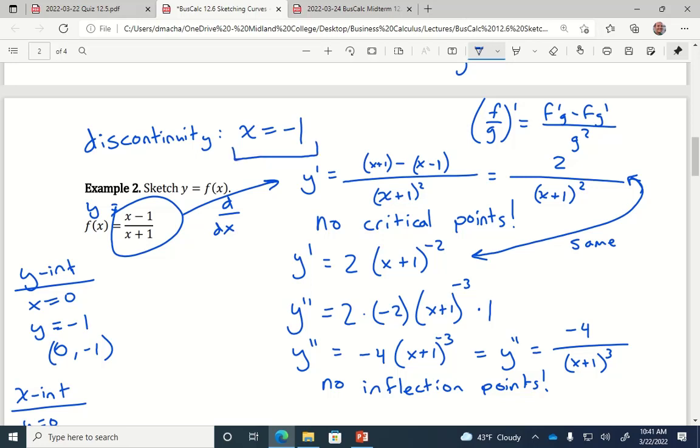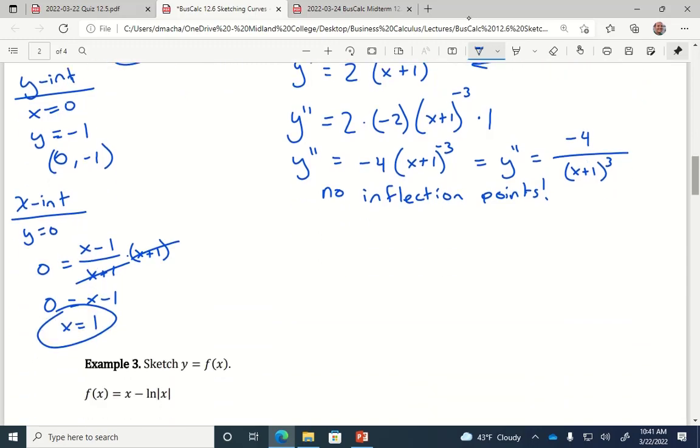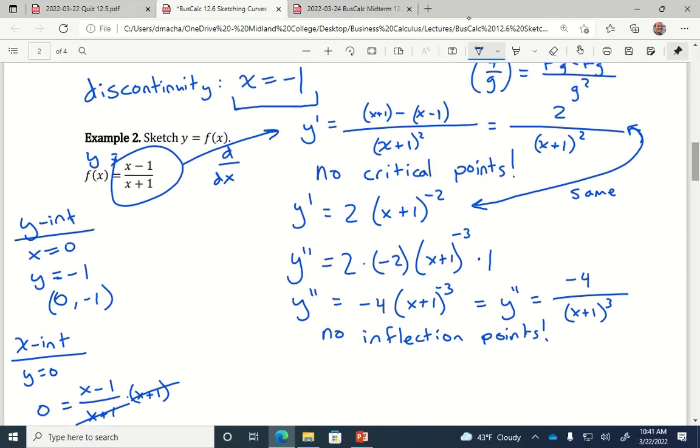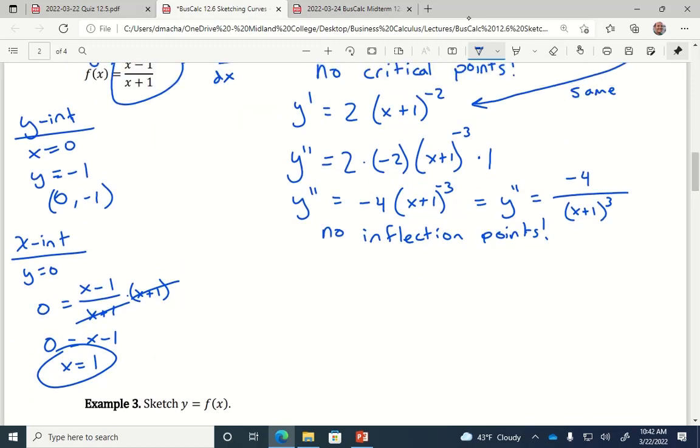And so I know that that's just a place where I have a discontinuity. I know it's not going to be like a pointy point. I know it's not going to be a vertical tangent line point. I just know it's going to be a discontinuity. So we actually put in a lot of work and we didn't get a whole lot of information out of this one. But I'll try my best to sketch it.